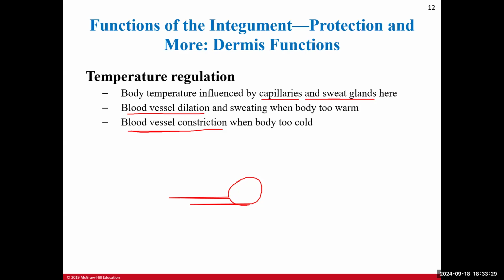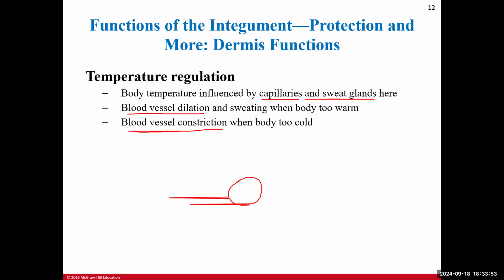So that's a blood vessel in a normal state, like everybody here, as you're sitting here, not doing anything really other than listening to what I'm saying and taking notes. So you're not being too active, so we're not really going to influence your blood flow other than keeping you alive. So in that state, your blood vessels are mostly in a partially constricted state. They're just kind of shrunken down a little bit.